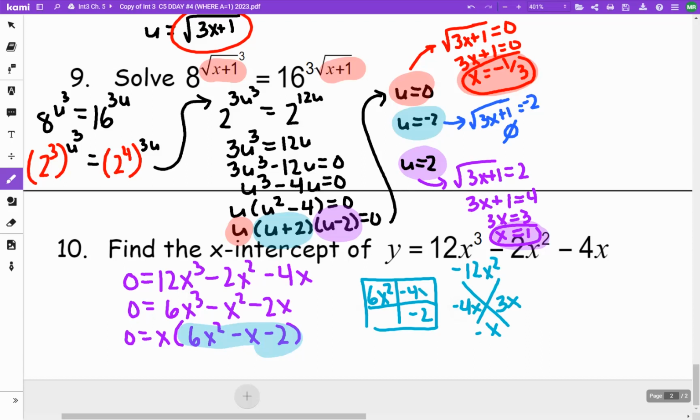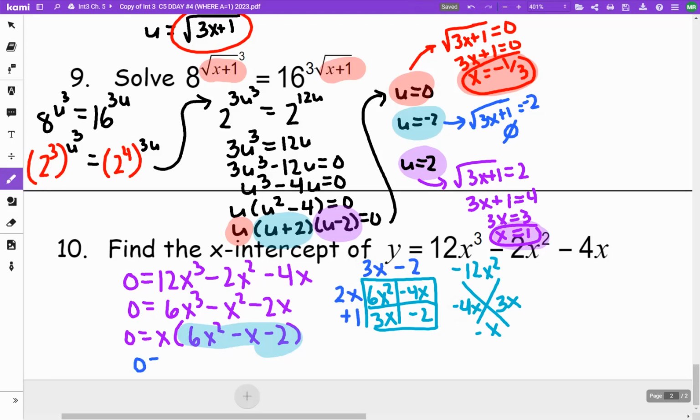So -4x and 3x. Now, when I'm trying to find the outside of this, my 6x squared could be a 6 and a 1 or a 2 and a 3. But with the 4 and 3, it definitely is going to have to be a 2 and a 3. 2x times -2 gets me -4x. 3x times 1 gets me 3x.